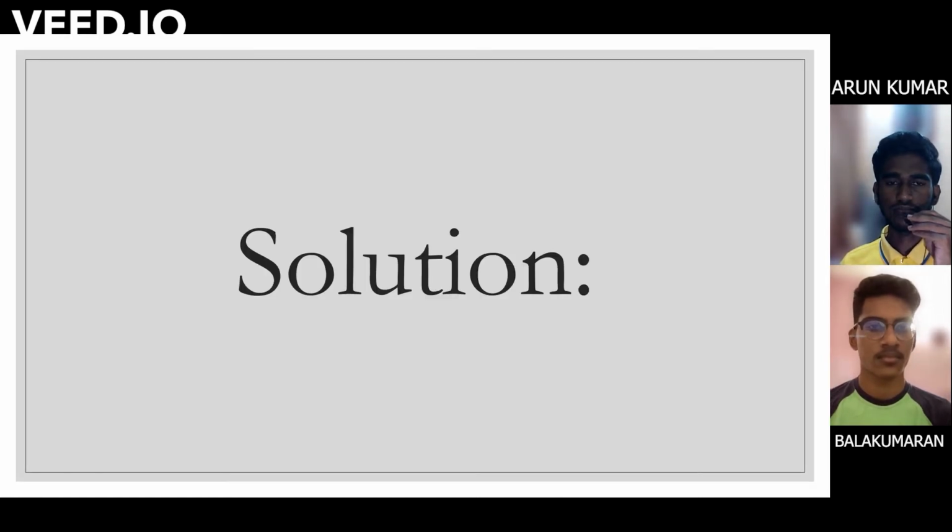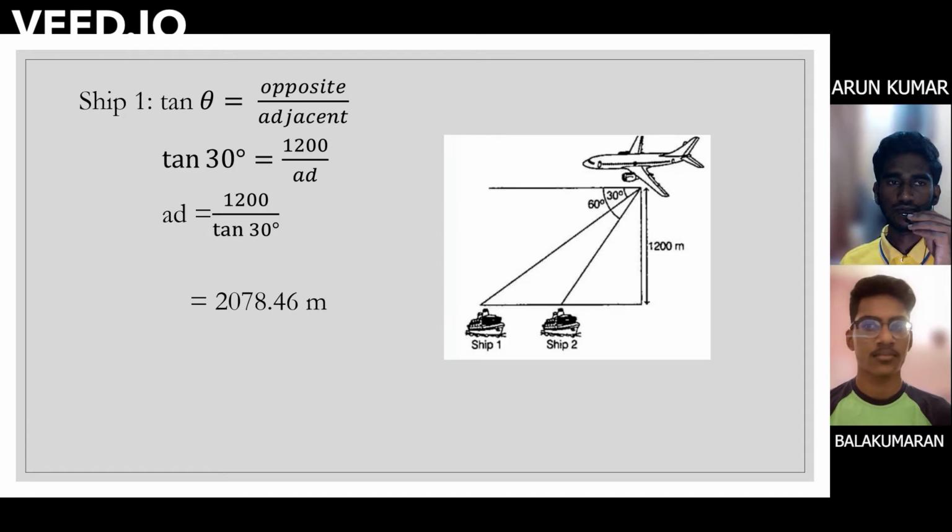Here are the solutions. To find the adjacent length for ship 1, first we have to find the angle at ship 1. To find the angle, we subtract 90 and 60 from 180 and get 30 degrees at ship 1.